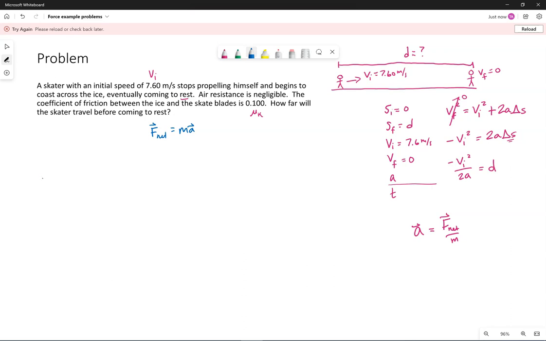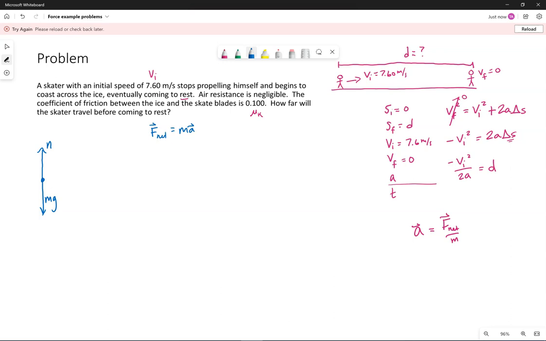So free body diagram, always free body diagram. mg, force of gravity, that points straight downwards. The ice skater is on a surface, so there's a normal force, the surface pushing up against the skater. There is friction, there's kinetic friction.